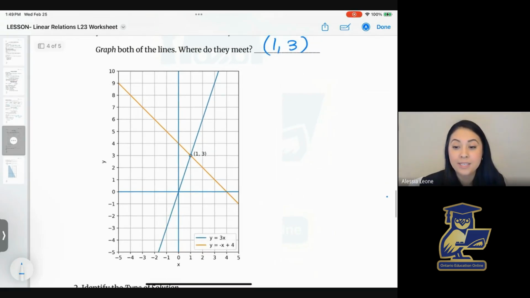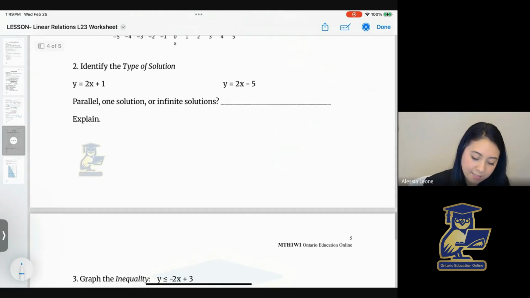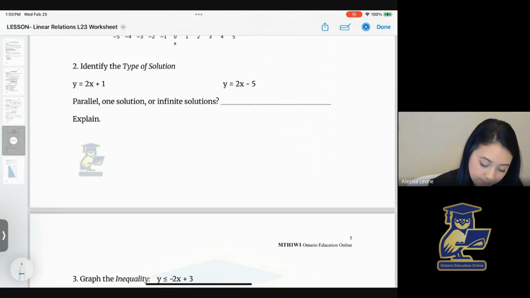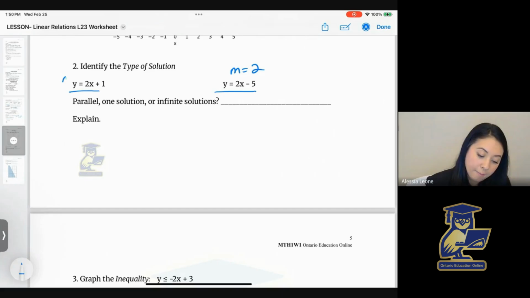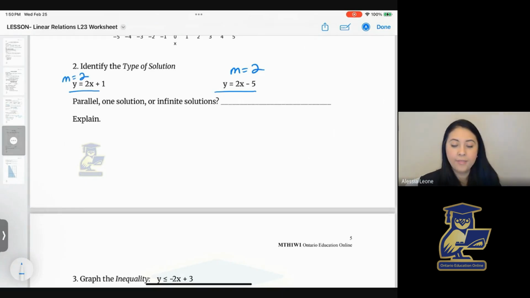And we know this has one solution. It's meeting in one spot. Number 2 is asking us, can we identify the type of solution? Remember, we have one solution, parallel, infinite. So when we look at these two lines, what do we notice? We notice m is 2. They have the same slope.